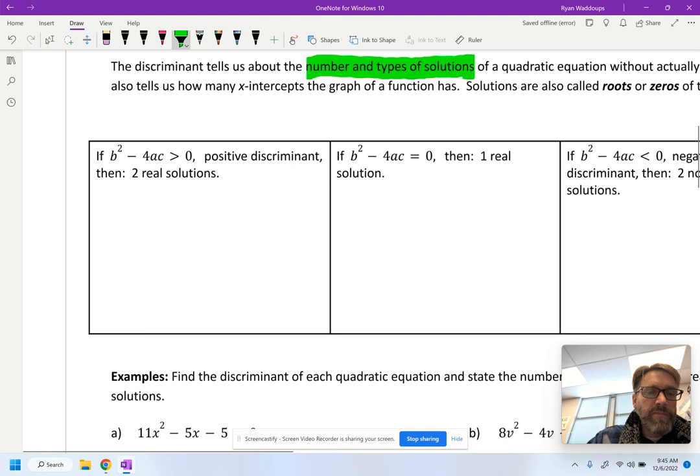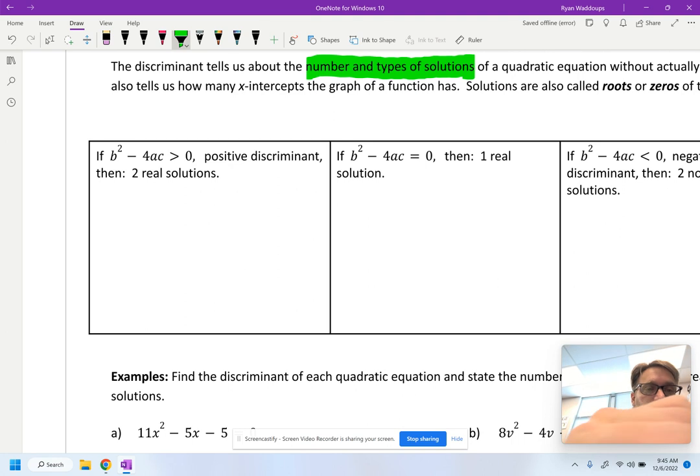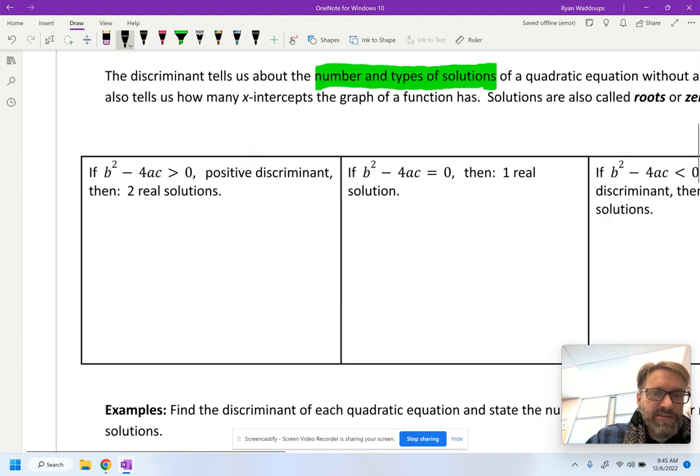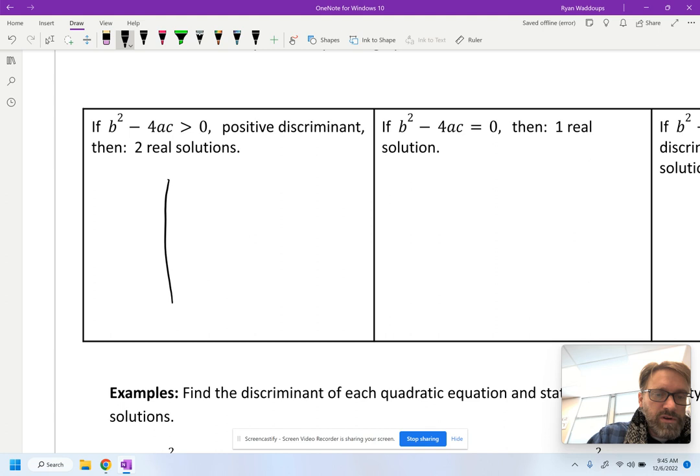If b squared minus 4ac is greater than 0, or if it has a positive discriminant, then you have two real solutions. And a graph of an equation that has these solutions would look something like this.